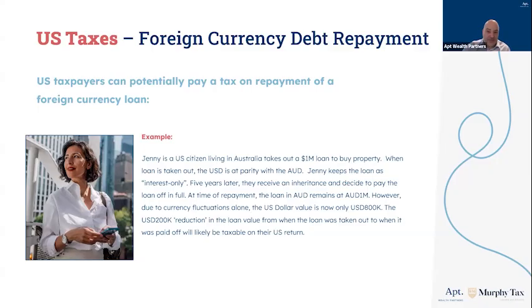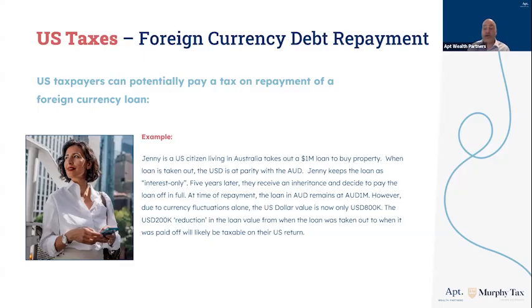So it's one that catches people out, and you've got to be very careful with this. Certainly speak to your US accountant if you are looking at making a major repayment. Also, refinance. If you're really just moving from one lender to another, that can be a trigger for this as well.